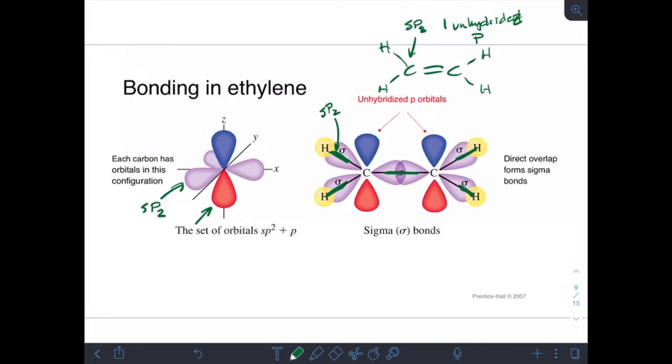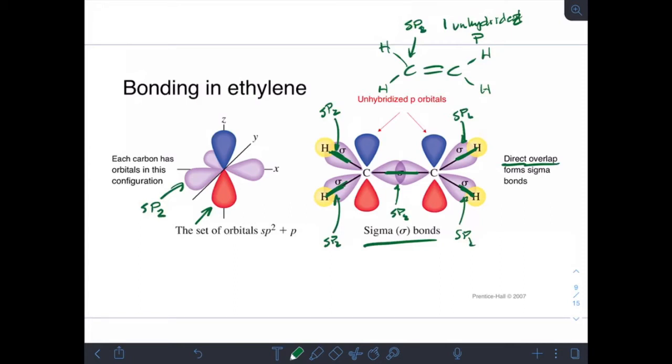So sp2, sp2, sp2, and so on. All the sp2s are doing the direct orbital overlap, and that's right here, direct overlap. When you have direct overlap, that means you have what's called a sigma bond. So every time you have a direct overlap, you have a sigma bond.